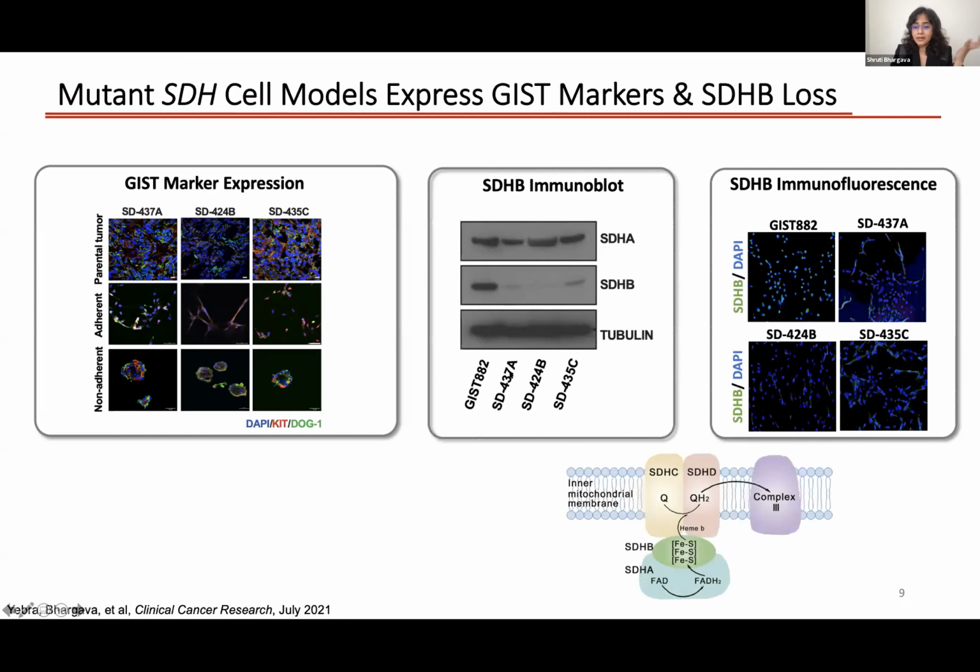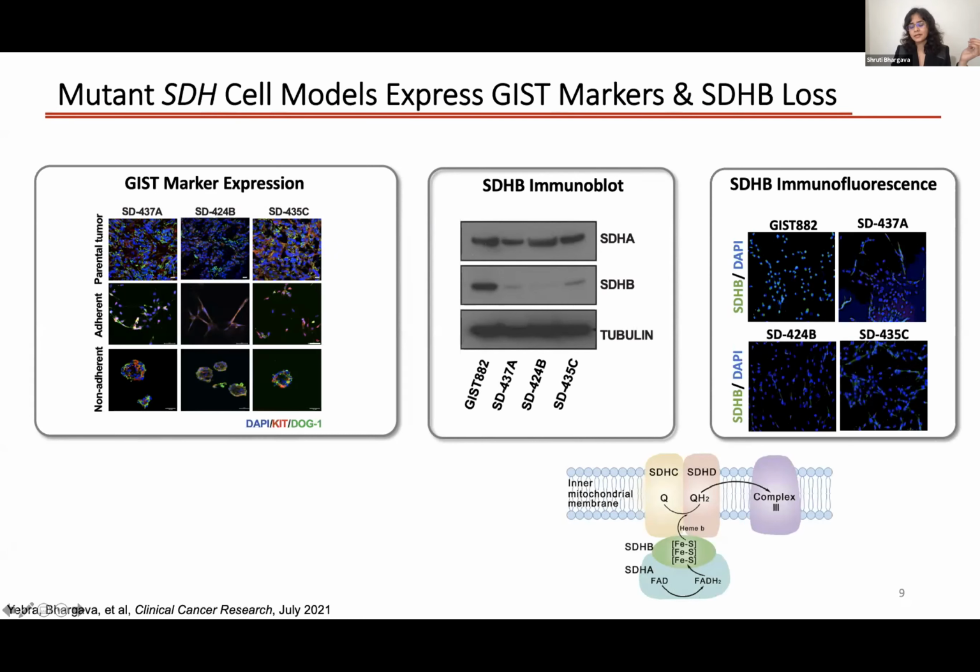Now, the second characteristic feature of these tumors or tumor models was loss of the SDH-B subunit, from all the 4 subunits that we have talked about. This is a very unique feature present in SDH-mutated or SDH-deficient tumors. We see a loss in the SDH-mutated cell models that we have established, as compared to a KIT-mutated tumor cell line.